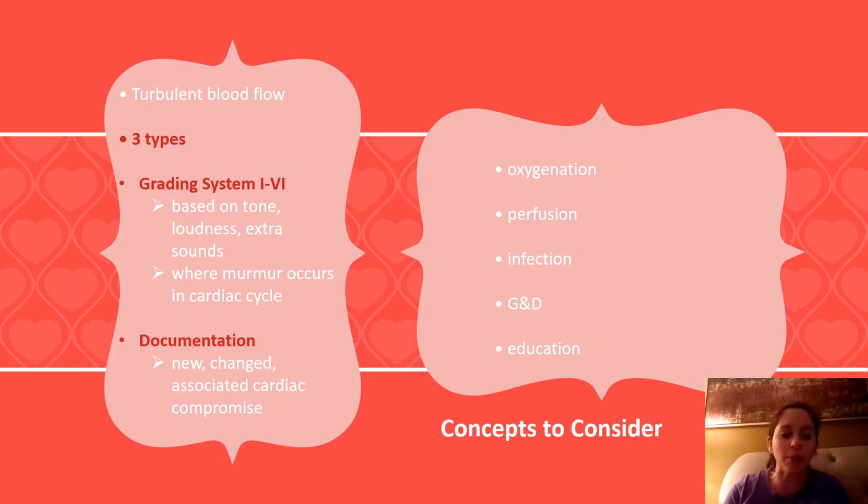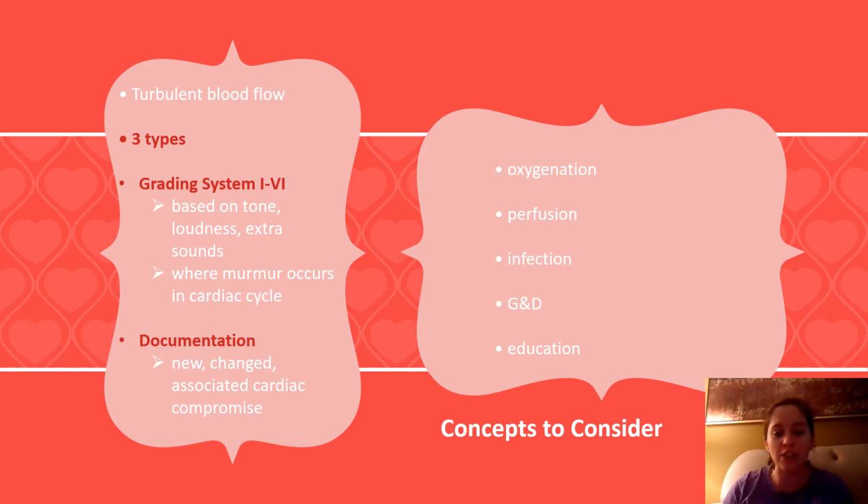We also classify murmurs based on where they occur in the cardiac cycle. So are they occurring before diastole, after diastole, or after systole? It's really important when you hear a murmur, if you're new at listening to murmurs, to get somebody who's experienced to listen with you to confirm that yes, it is a murmur, what grade it is, where it is in the cardiac cycle, and where you're hearing it on the chest.